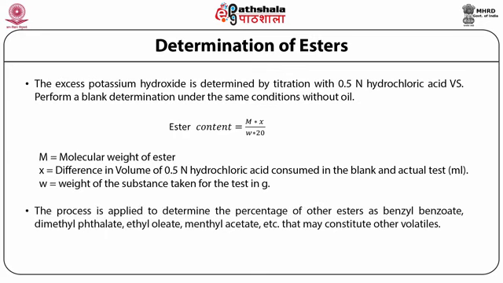The process is applied to determine the percentage of other esters like benzyl benzoate, dimethyl phthalate, ethyl oleate, methyl acetate, etc. that may constitute or may be present in other volatile oils.